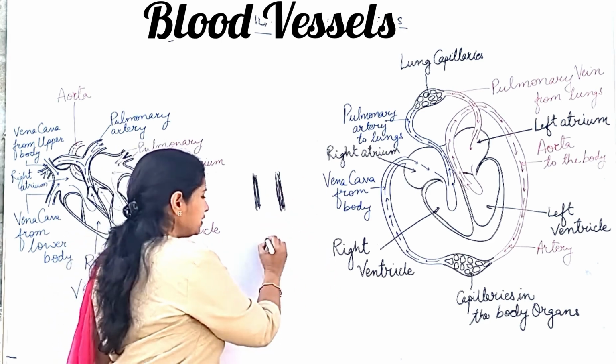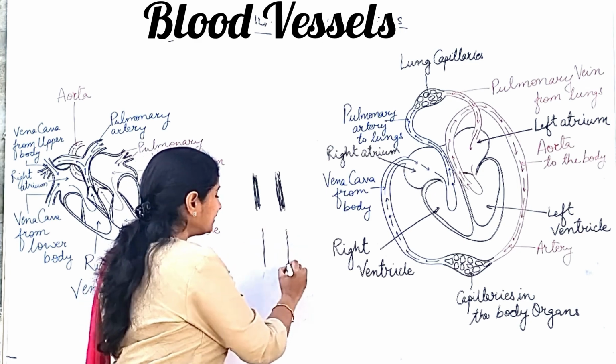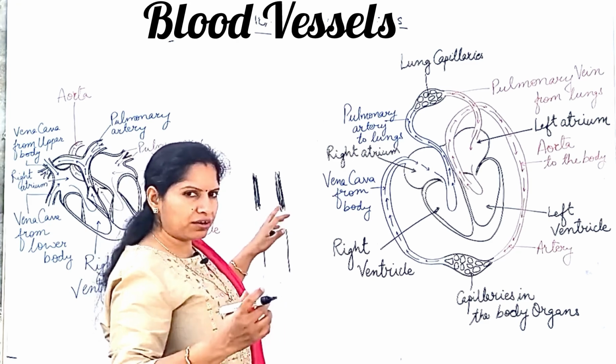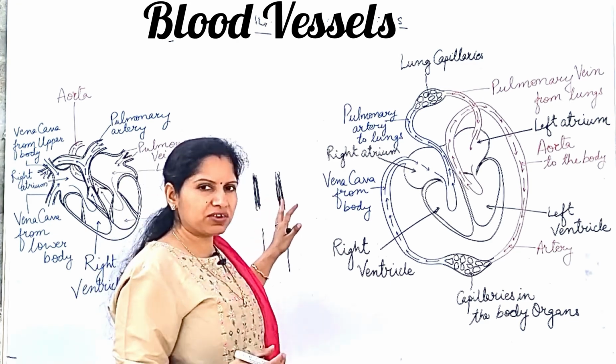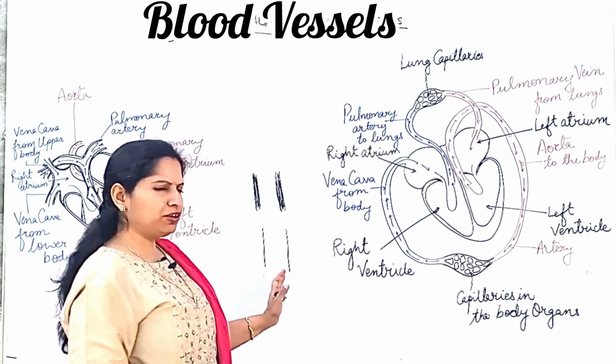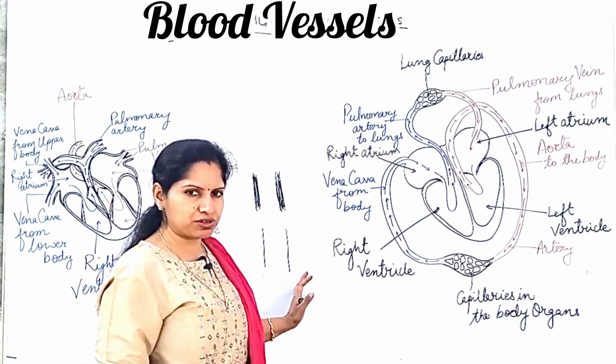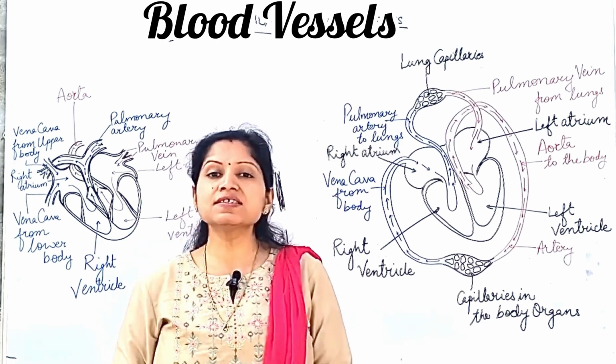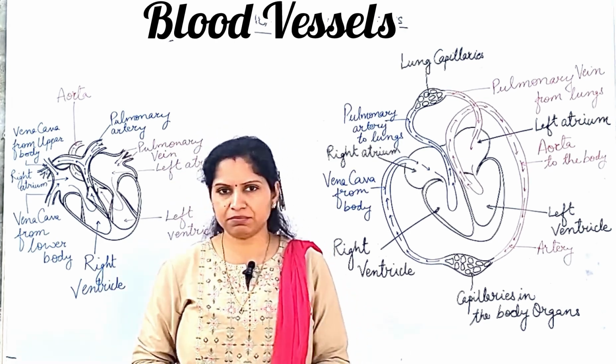If we talk about veins, the walls of the veins are thin. They need not be very thick. Right? If the pressure of the water in any pipe is very high, the pipe needs to be strong. But if the pressure is very low, the pipe need not be very strong. You can use a thin pipe also. Similarly for that.